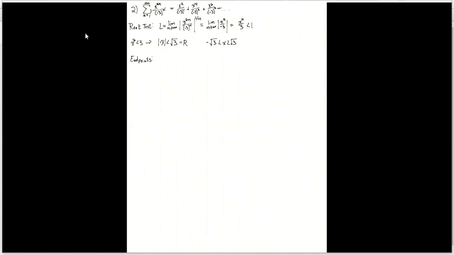So when x is equal to negative radical 3, our sum is negative radical 3 to the 2n over negative 3 to the n. Since we've got this 2n, I'm going to square what I've got in there and just have the exponent be n.